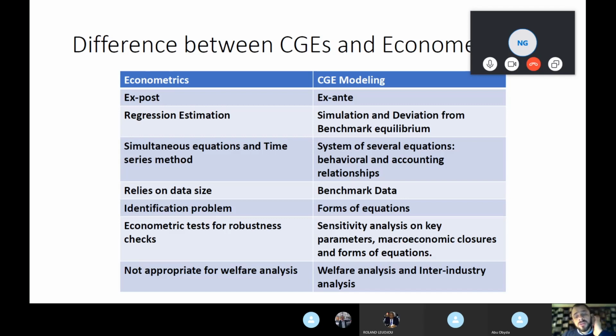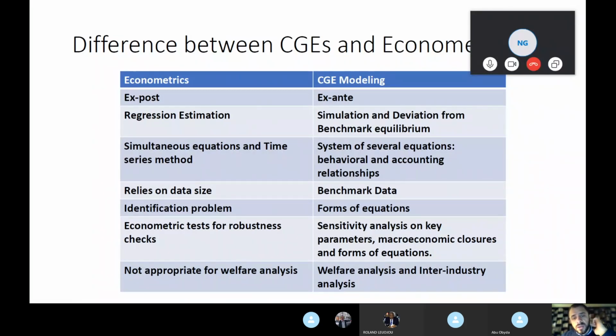But for CGE models, the main issue is what kind of equation are we going to choose? Are we going to choose a Cobb-Douglas production function or a constant elasticity of substitution production function? Are we going to choose a static or dynamic model, and so on?